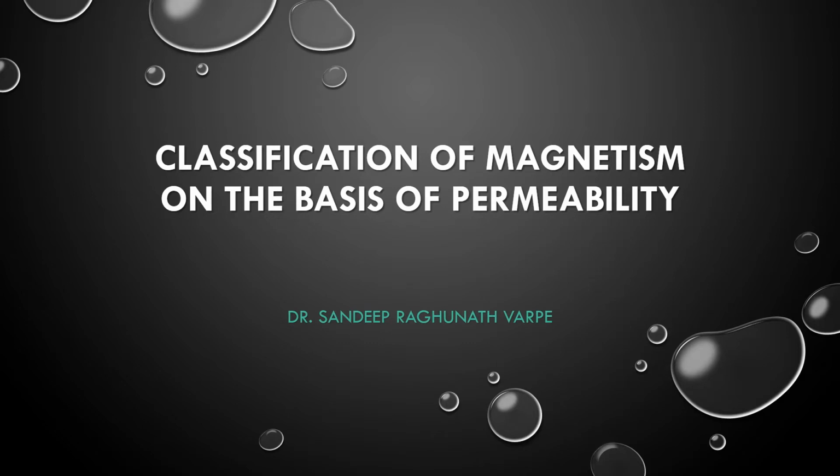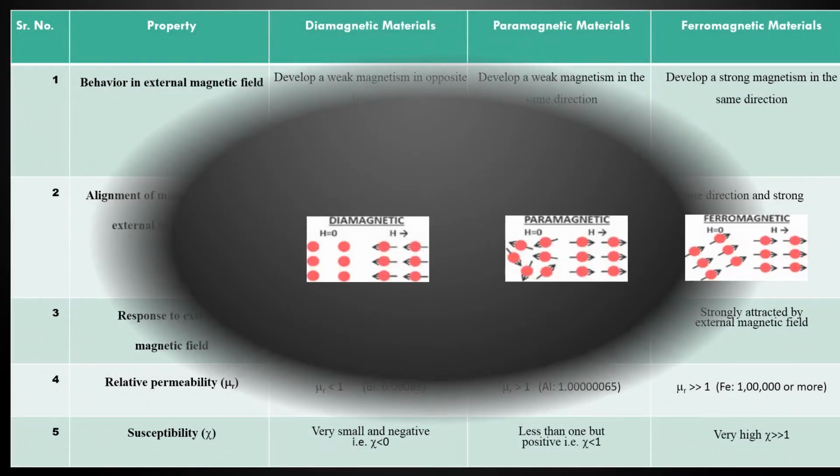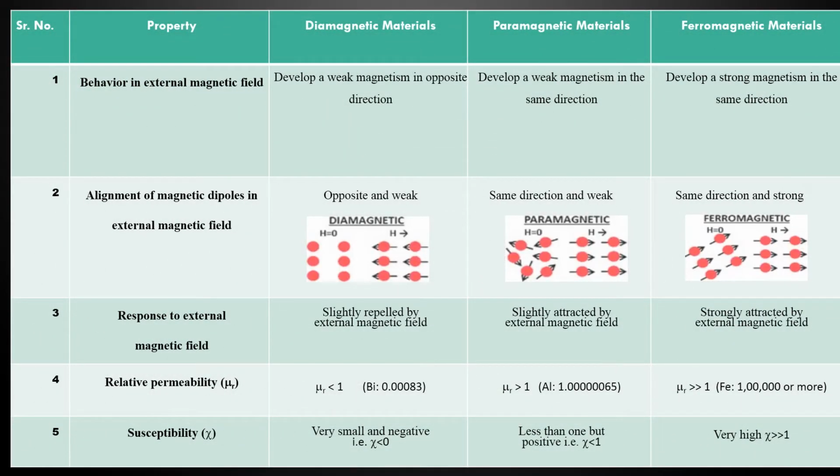Today we will see the main or basic differences between these three magnetic materials on the basis of some properties. So the first property is behavior in an external magnetic field. That means when we apply the external magnetic field, what will happen in diamagnetic, paramagnetic, and ferromagnetic material.